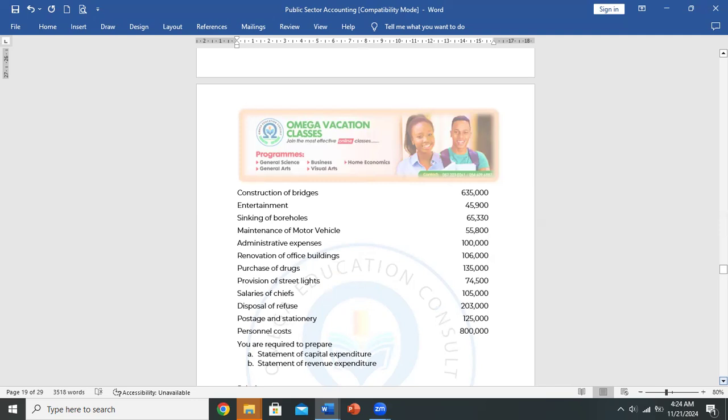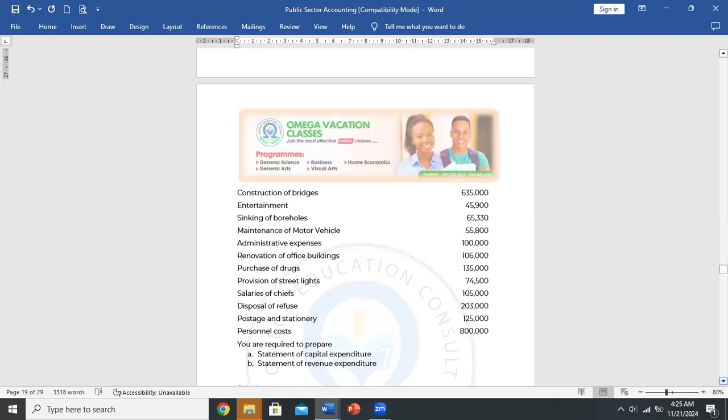Sinking of boreholes. I think we've seen that one earlier, but okay, Prof. Jacinda, sinking of boreholes is what? Please, capital expenditure. Great. Take the next one, maintenance of motor vehicle. Is it capital or revenue?